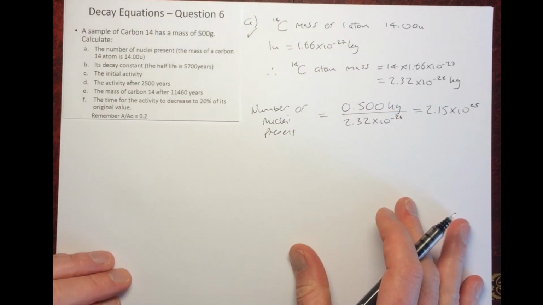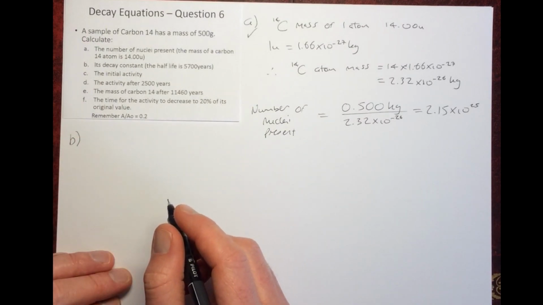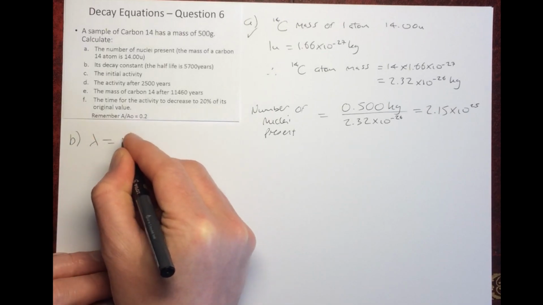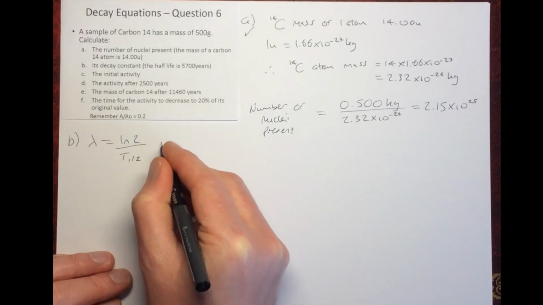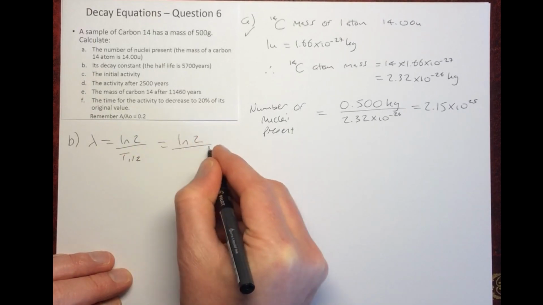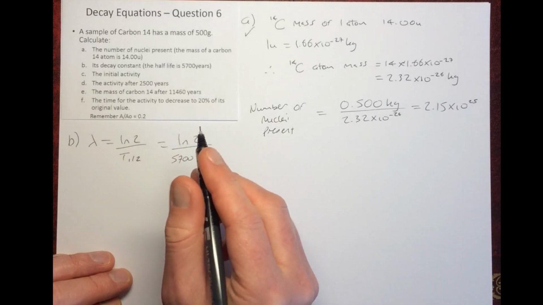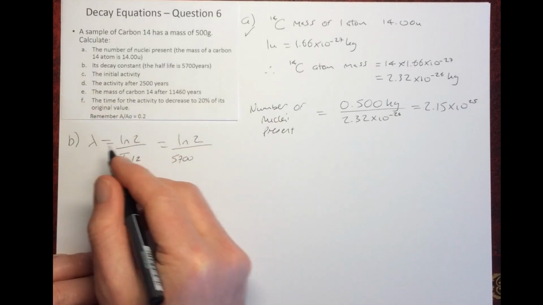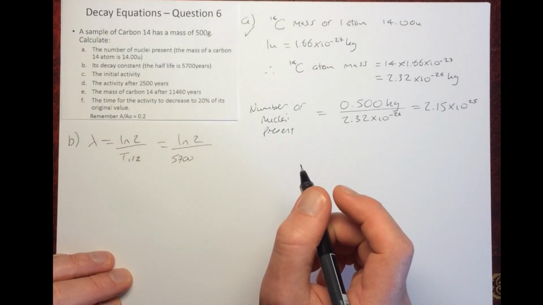Okay, now it then asks us to work out the decay constant. Now, in order to do that, we're just going to use the equation that we've used before, ln2 over t half, and we know that the half-life here is 5,700 years. Now, because I know from looking at what I'm going to do later, I need the decay constant in per second, because I'm going to calculate things later on in seconds.